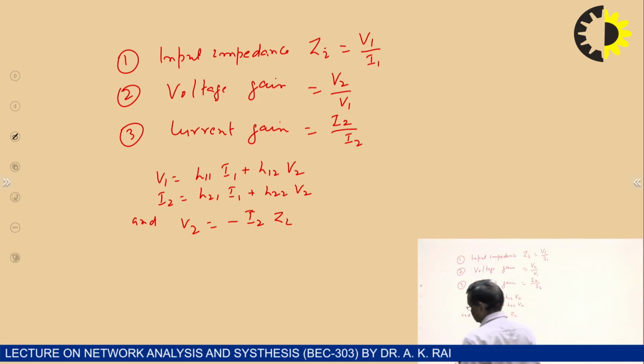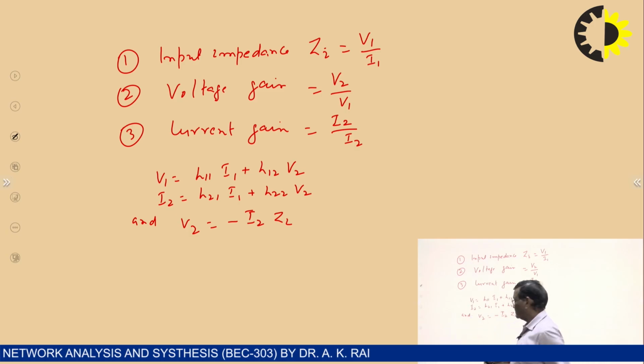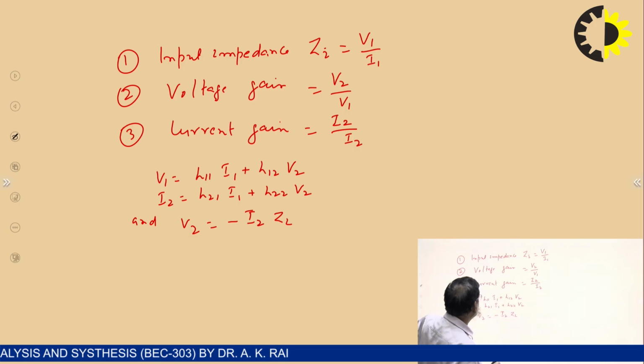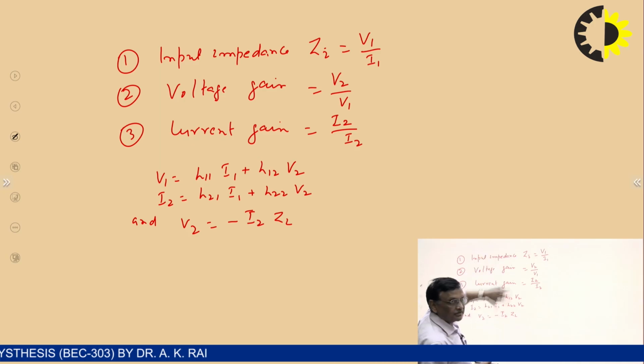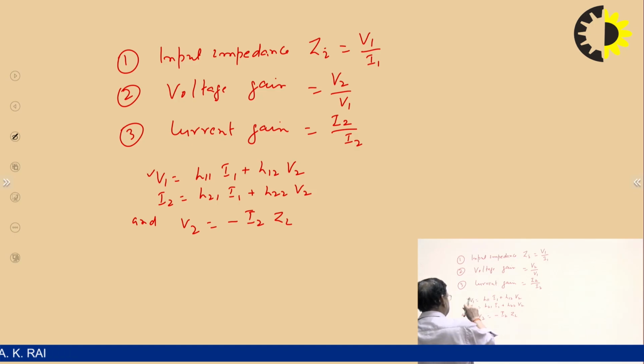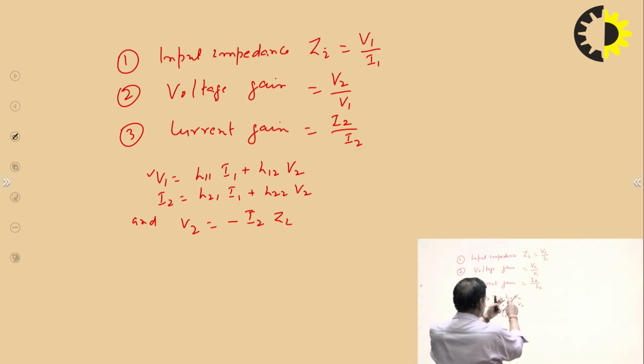These three equations we have written earlier. Using these three equations, we can find all these three variables. Look at the equations: V1 is H11 I1 plus H12 V2.